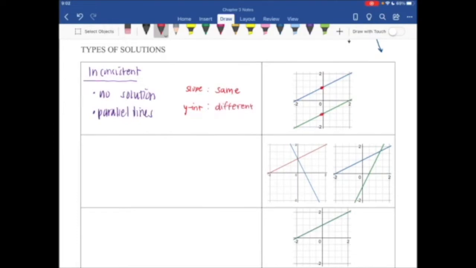The second kind of solution is what we call an independent solution. Looking at the graphs on the right, we can see independent solutions always cross at one specific point. So we can say that we have one unique solution at the point of intersection.